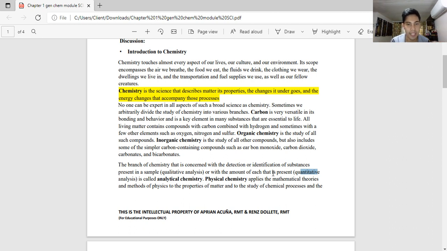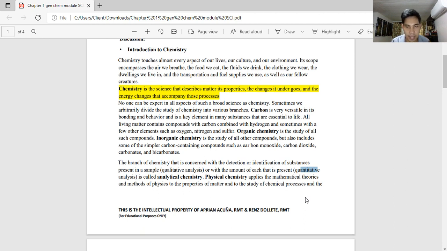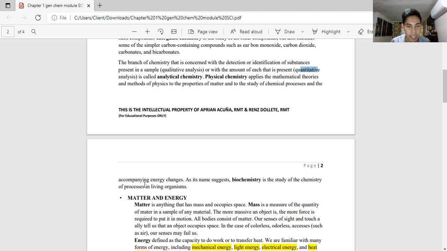Your physical chemistry naman yung class, okay, applies the mathematical theories and methods of your physics to the properties of matter and to the study of chemical processes and the accompanying energy changes. Okay? Your physical chemistry, okay, this is the application of your theories nga ginaubra sa mga scientists nga gina-research nila and also mga methods kung pwede nila ma-discover and they apply it physically.